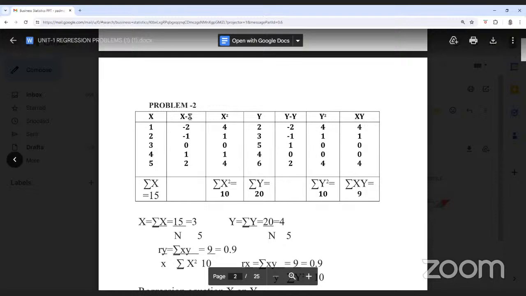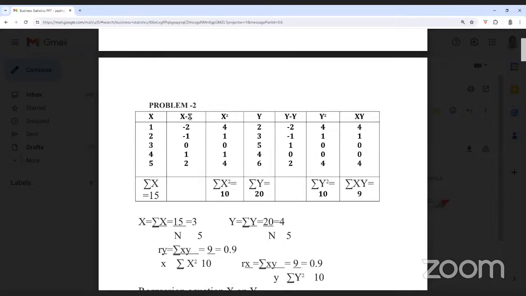First you have to find the x mean, that is sigma x divided by n. That is 15 divided by 5. The value is 3. 5 ones are 5, 5 threes are 15.